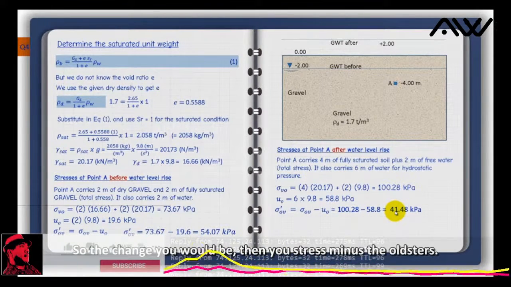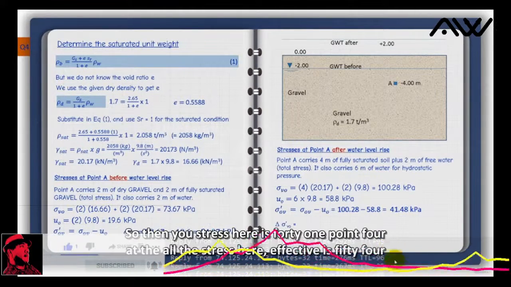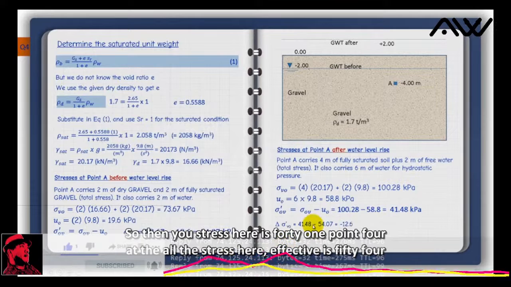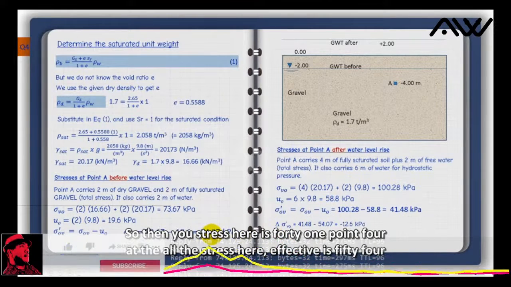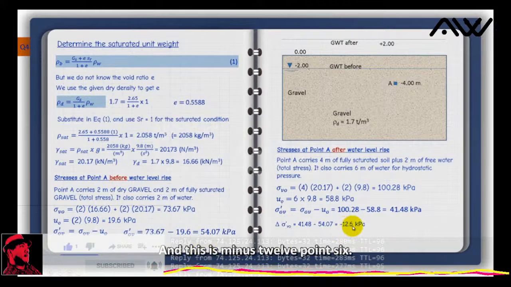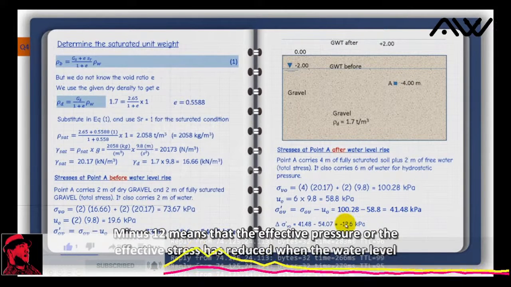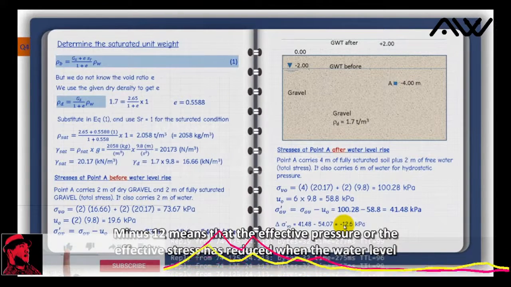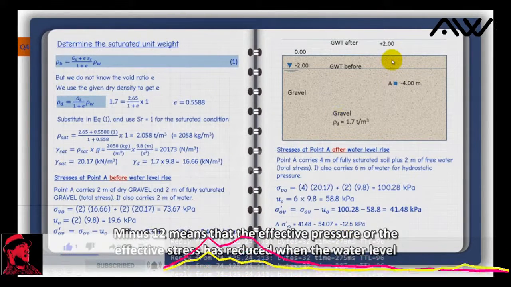So the change would be the new stress minus the old stress. The new stress here is 41.48. The old effective stress is 54.07, and this gives minus 12.6 kPa. Minus means that the effective stress has reduced when the water level rises.